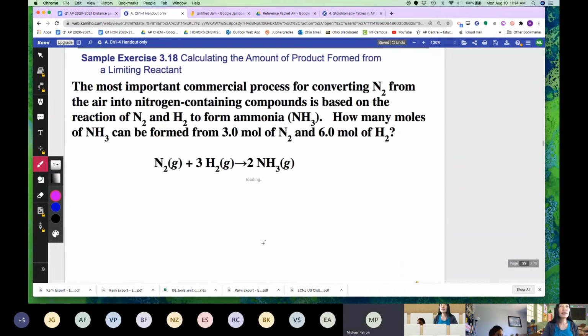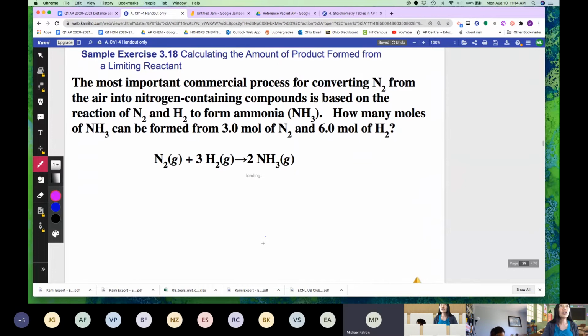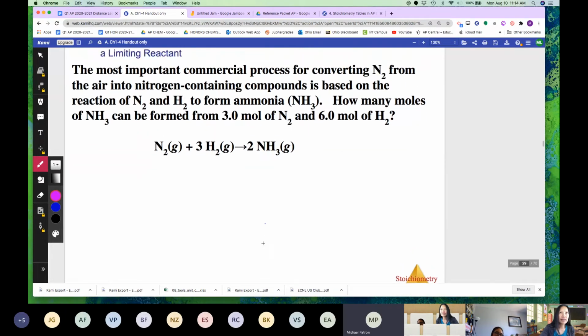So go to your sample exercise 3.18. Tell me how you did this problem. Guys, how did you do this problem?